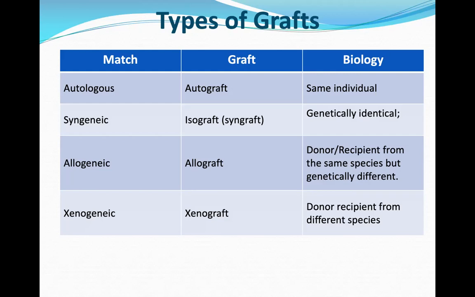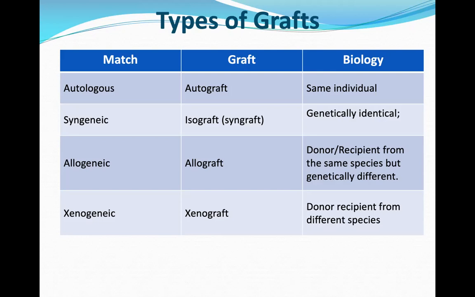The closest would be an identical sibling, like an identical brother or sister, which has a higher chance of success in engraftment compared to if you got the graft from your mother or father, because you have paternal or maternal HLAs that are recognized. So the syngeneic graft is the most successful and has the highest chance of being accepted.